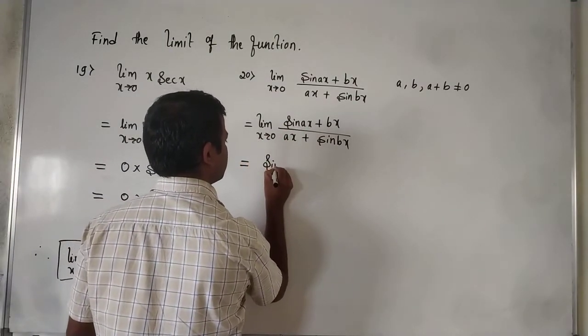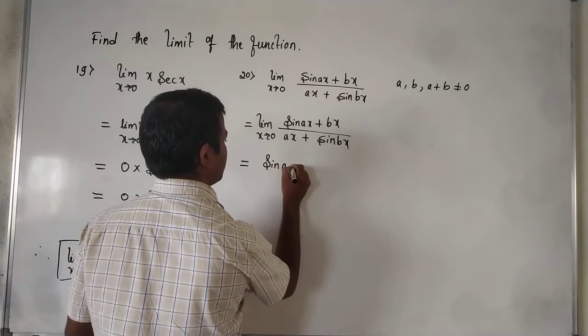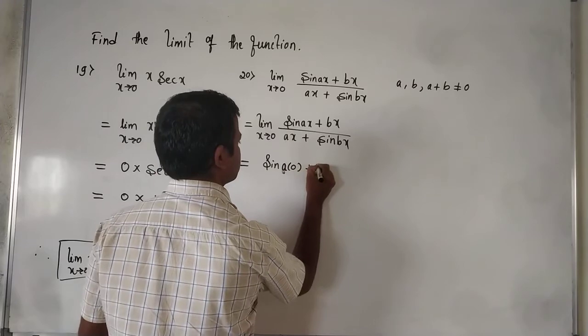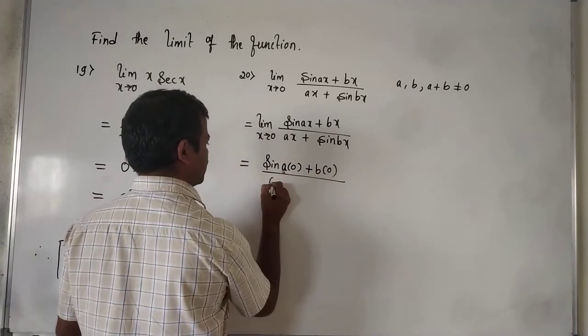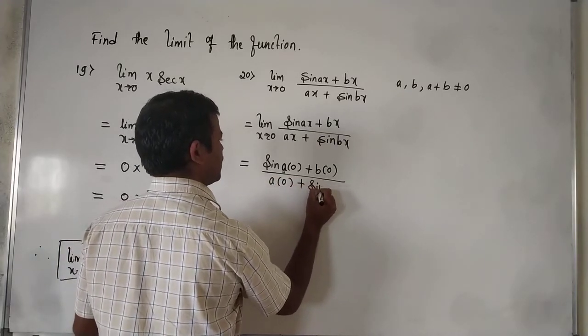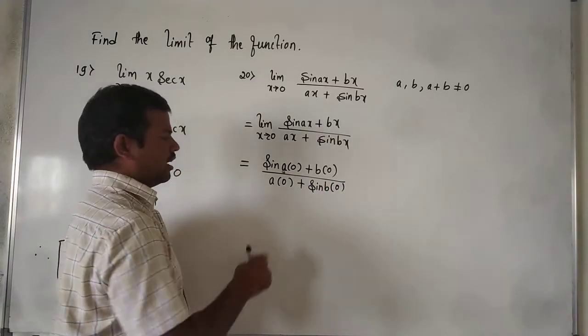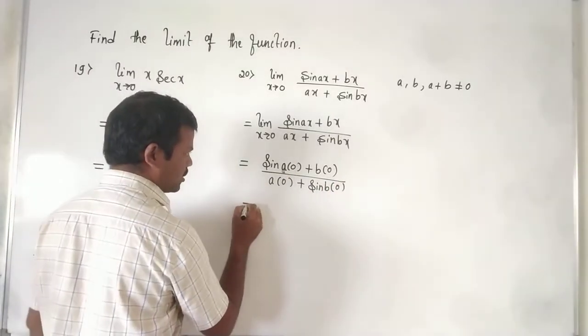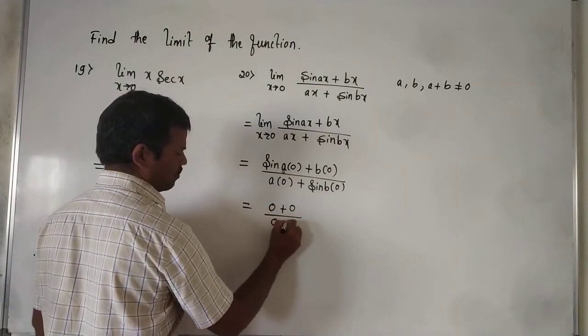That is sin a into 0 plus b into 0 divided by a into 0 plus sin b into 0. Sin 0 is 0, so it is 0 divided by 0 plus 0.